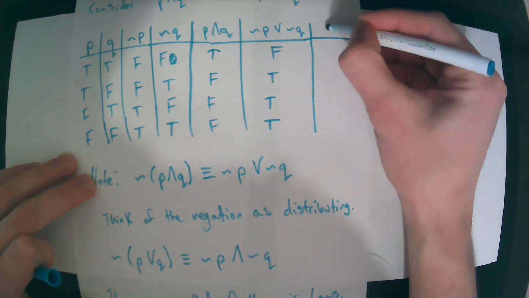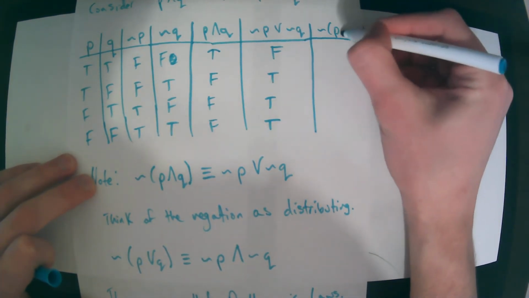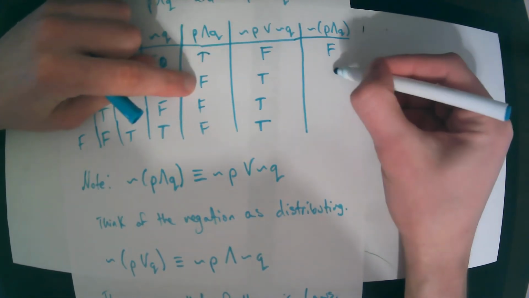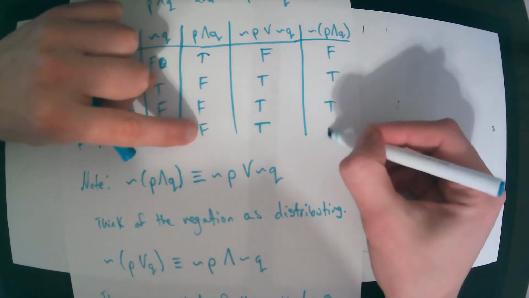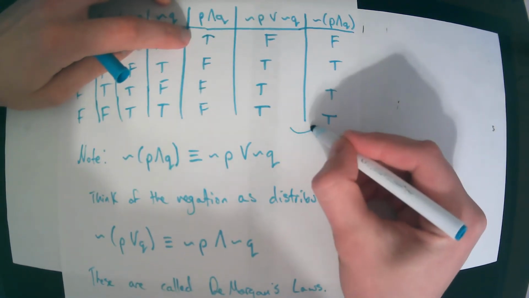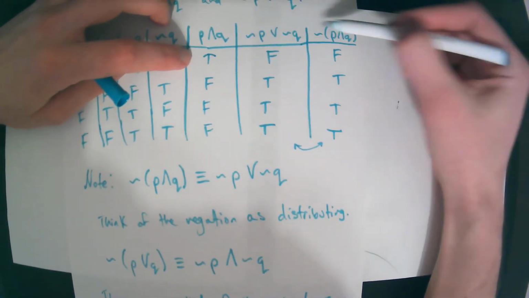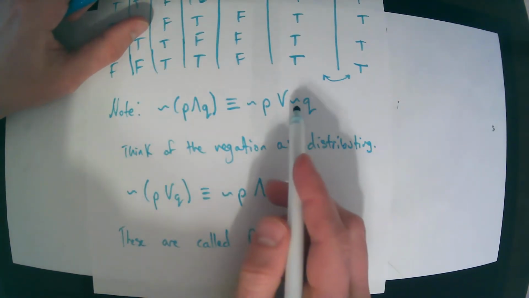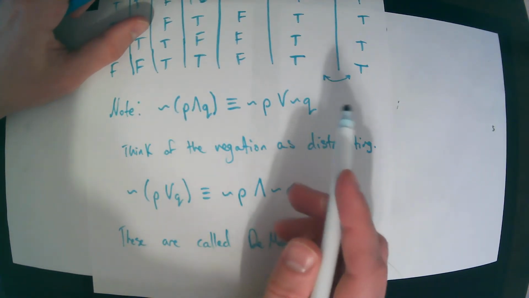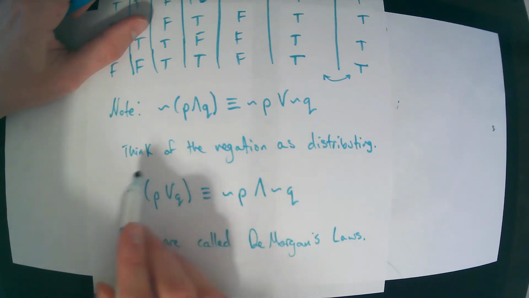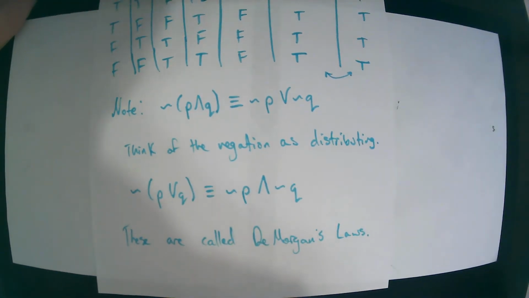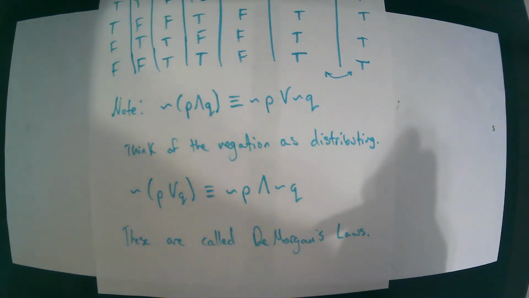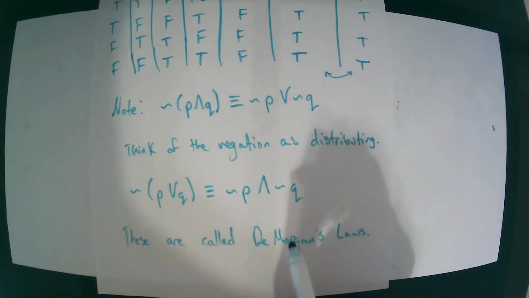Just stack another column here with not (P and Q), and just flip all of this: false, true, true, true. And now we can see that in fact these 2 things are logically equivalent. And that would verify this first one. If you wanted to verify the second one, you would have to make a new table because it's not exactly the same. You would need a new table to verify the second De Morgan's law.